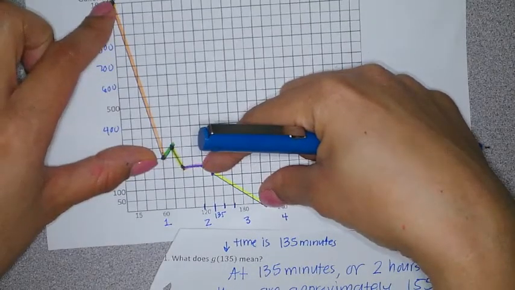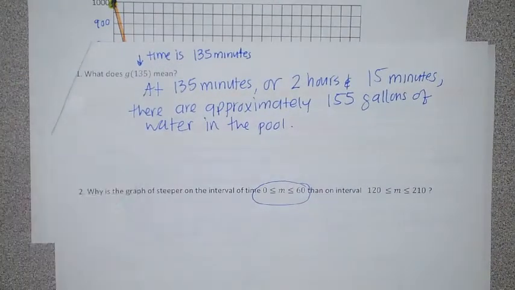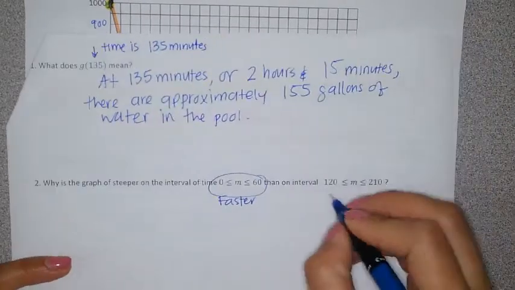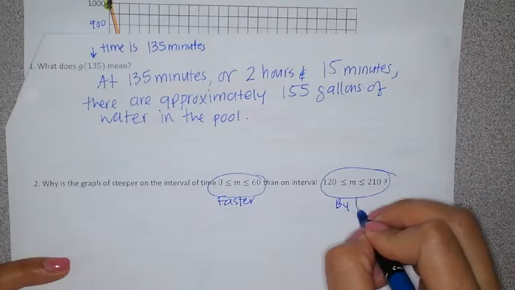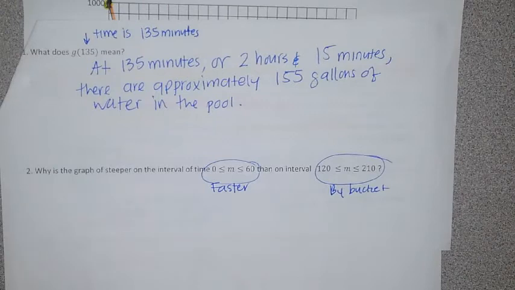When on the orange part, the pool is draining faster because she just pulled the plug and there's a lot of water and it's just draining. And this one, she has to do it by the bucket. So it's not draining faster. Every time she has to put the bucket and then throw away the water.